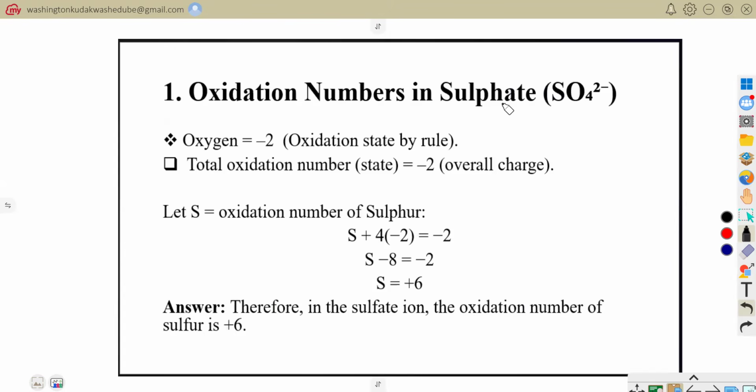So the oxidation numbers in sulfate ions. According to our rule, oxygen would be carrying a -2, because we can see that sulfate ions are not peroxides. So if we are not in any peroxide, oxygen will be carrying -2.